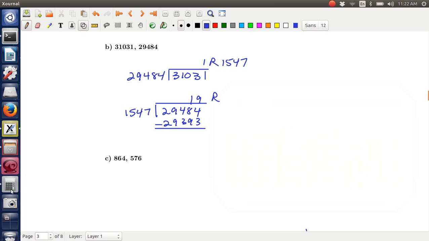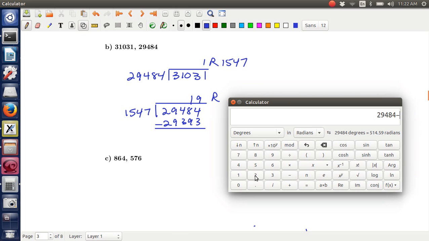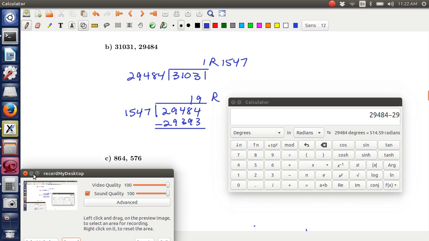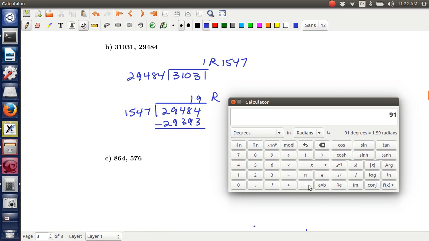Okay, so we go ahead and do that subtraction. 29484 minus 29393 is 91.